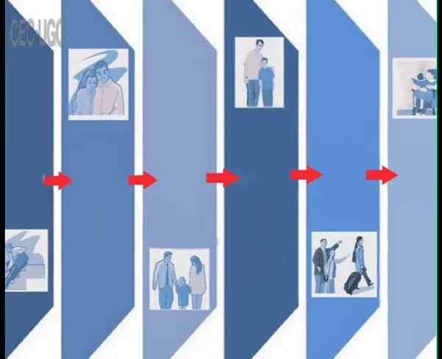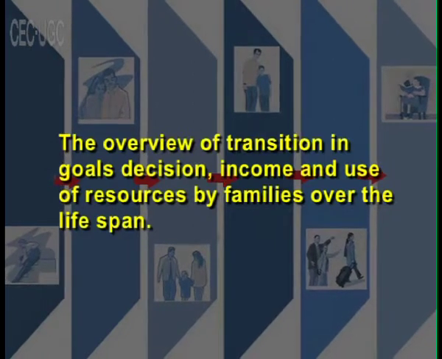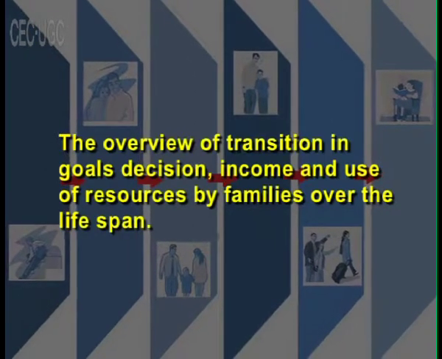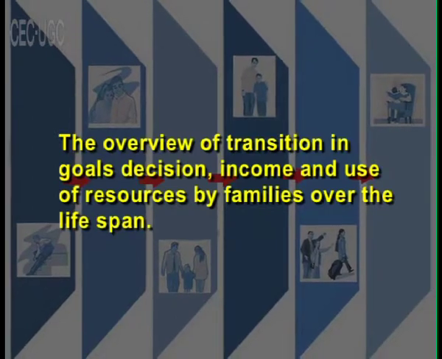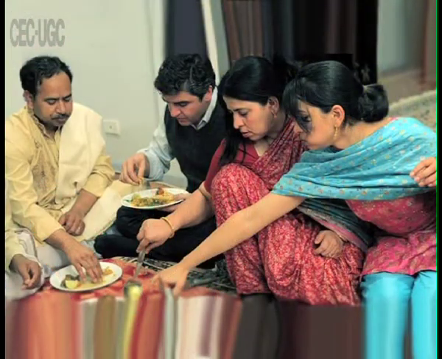It also helps in the overview of transition in goals, decisions, income, and use of resources by families over the lifespan. Family life cycle reflects the general relationship between the generations, and it can be viewed as a flow rather than a precise linear set of stages. Because of this, the family may be conceptualized as a family life spiral.